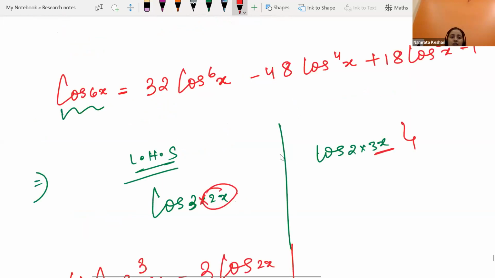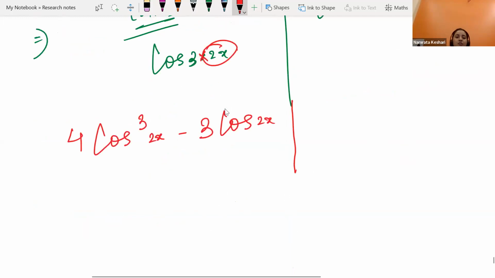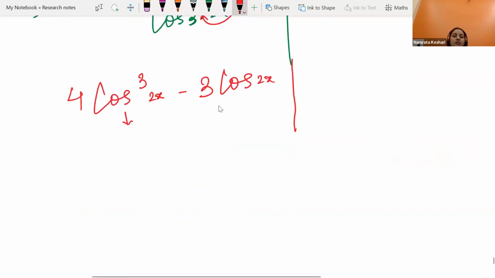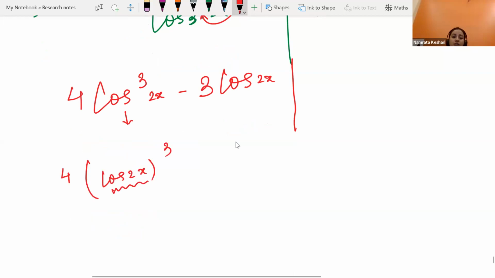Now let's see what is there in the proof. Cos to the power 6 and so on. All cos are there, no sine. So let's write it as 4 cos 2x complete cube. Let's write it in the cos formula. What is the cos 2x formula in terms of cos only?